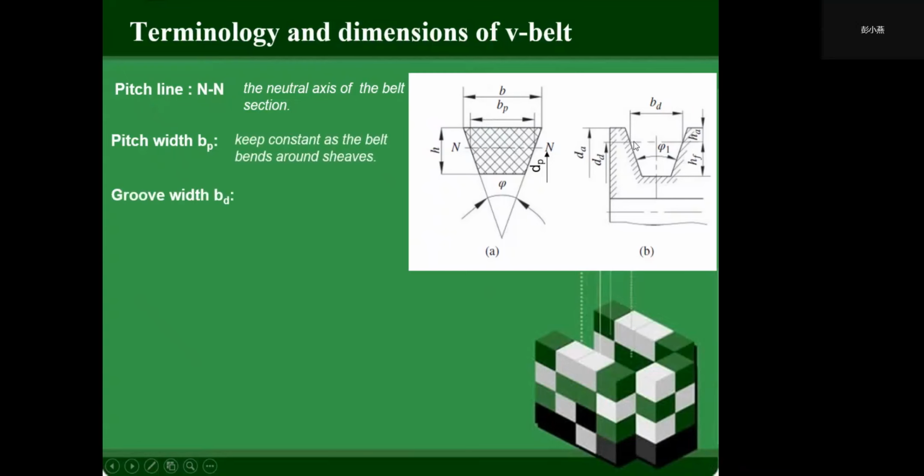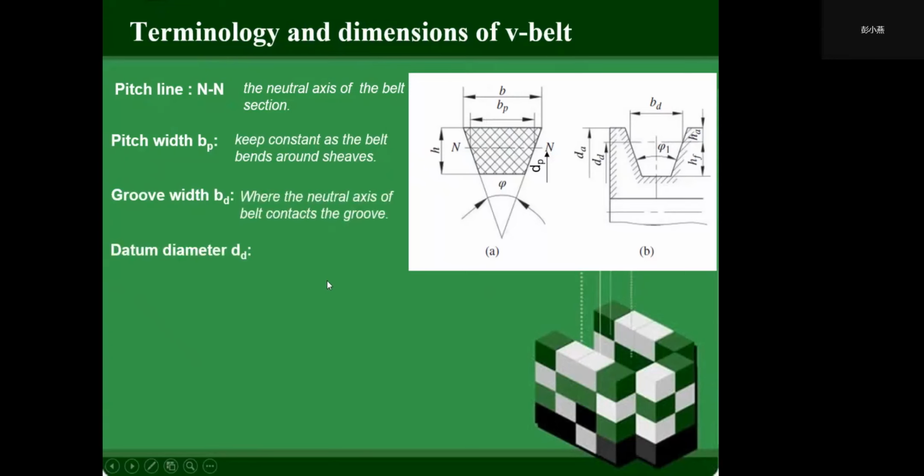And the groove width, BD, is measured at points where the neutral axis of belt contacts the groove. This is the BD.